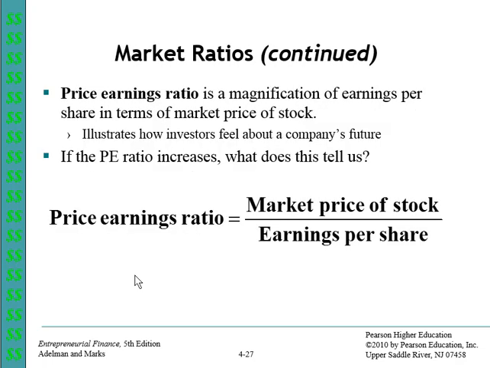If we combine this earnings per share number with the market price, we end up with something called the PE ratio. The PE ratio talks about how investors feel about a company's future.